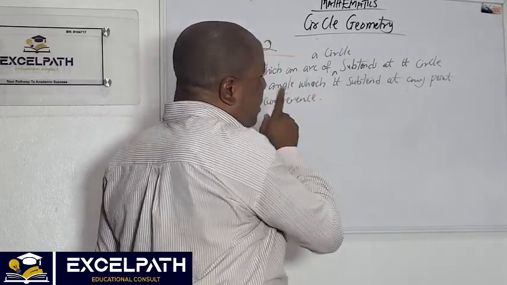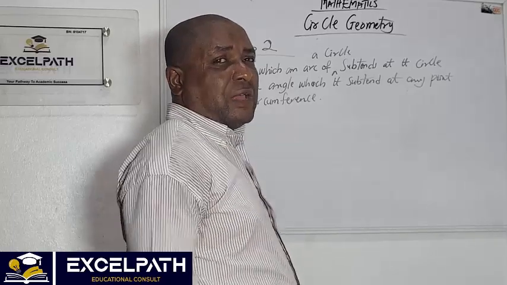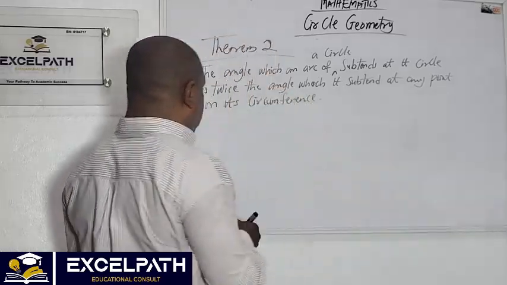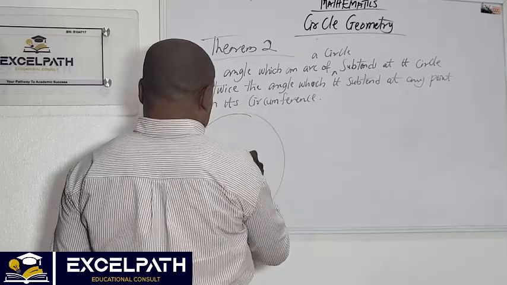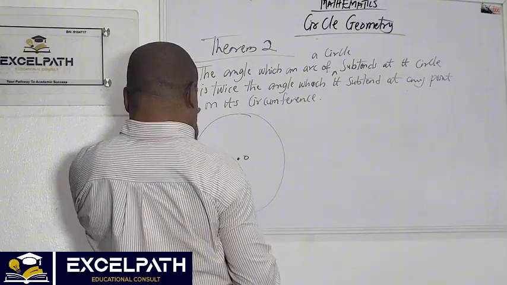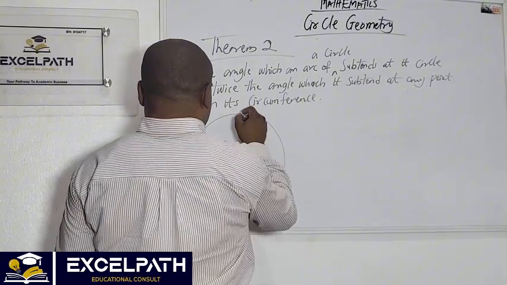Now, this particular one is very tricky. Very, very tricky. You need to be very careful. Let me show you something. This is the circle. Remember, our center is always there.